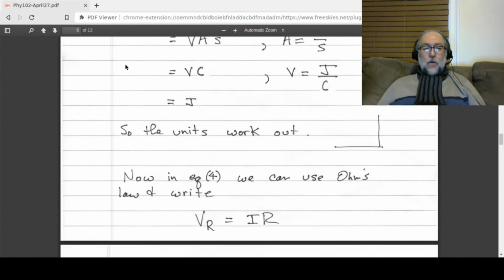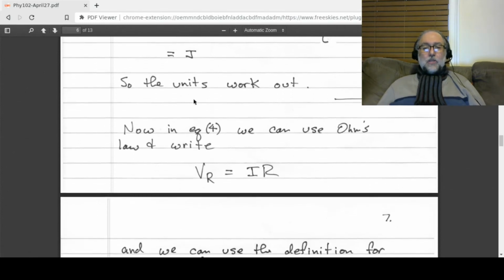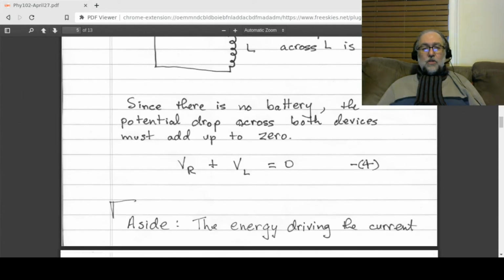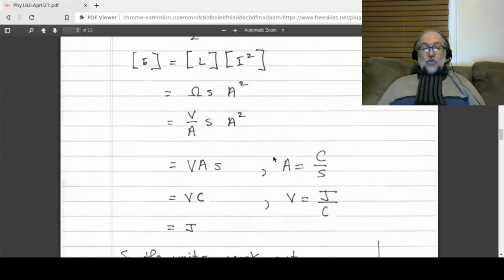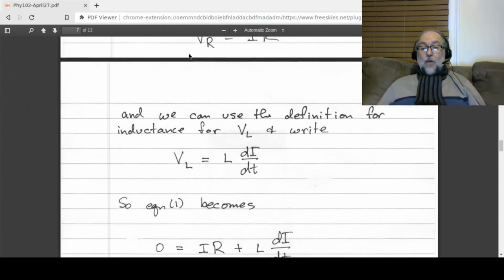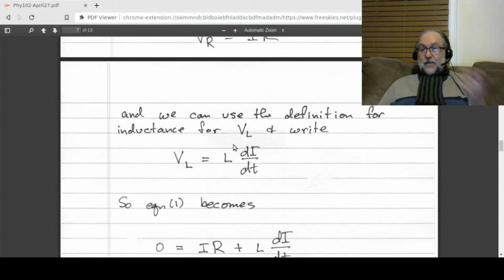Now let's go back to equation 4. Just to remind you, because I jumped around a bit, it says the potential drop across the resistor plus the potential drop across the inductor has to be equal to 0. The potential drop across the resistor, we just use Ohm's law, it's IR. The potential drop across the inductor, we use the definition of inductance.